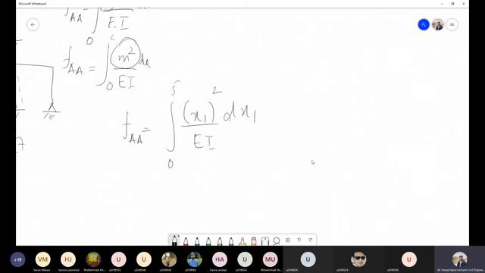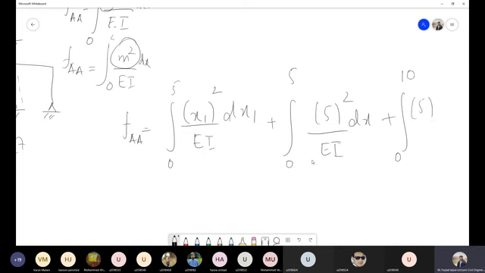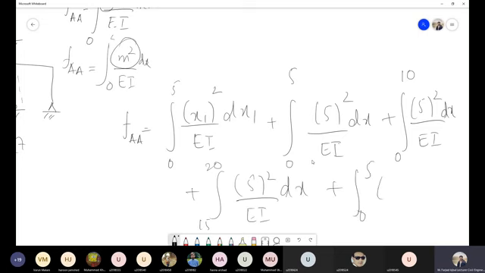For section 2, our equation was 0 to 5 square over EI into dx plus 0 to 10, 5 square over EI into dx plus 15 to 20, 5 square over EI into dx plus 0 to 5 into 5 square.